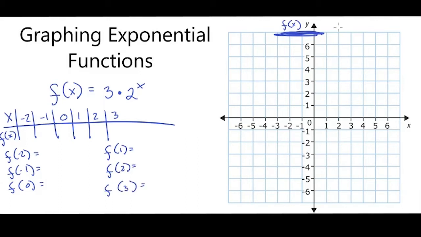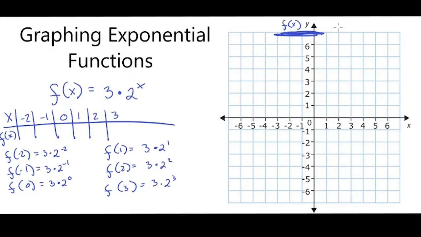So when we plug in -2 into this function, we get 3 times 2 to the -2. So we'll do 3 times 2 to the -1, 3 times 2 to the 0, 3 times 2 to the first, 3 times 2 to the second, and 3 times 2 to the third power.